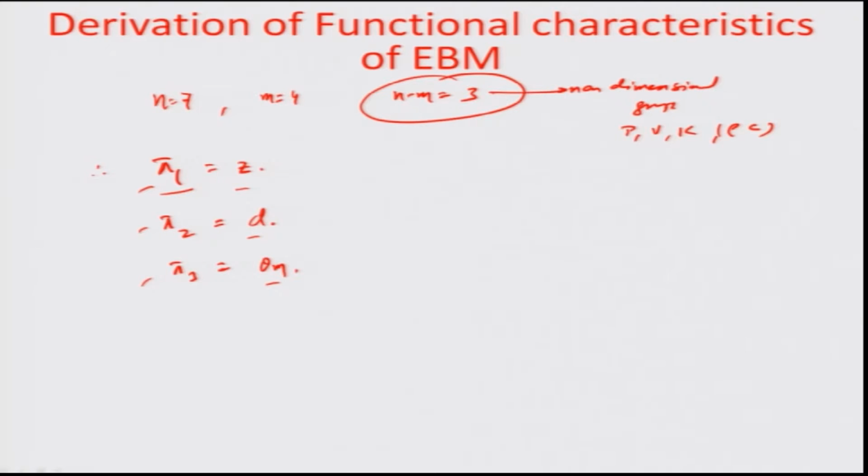So, the first one has a linear power of z times p to the power of alpha 1, v to the power of beta 1, k to the power of gamma 1, rho c to the power of delta 1, such that the group pi 1 has exactly 0 dimensions.